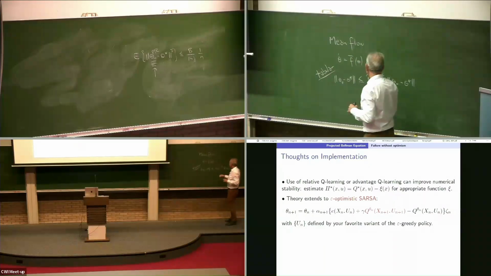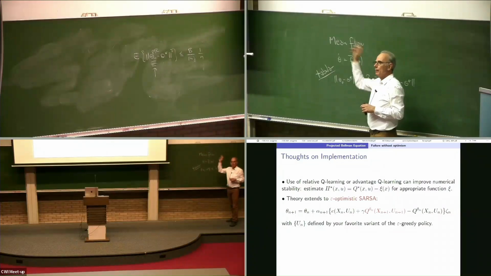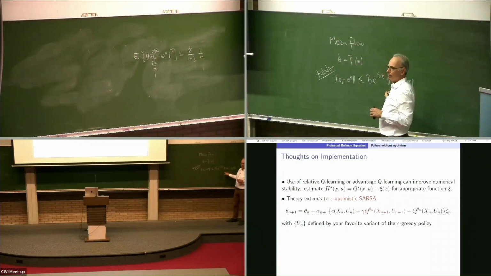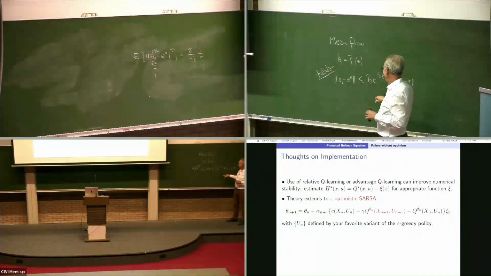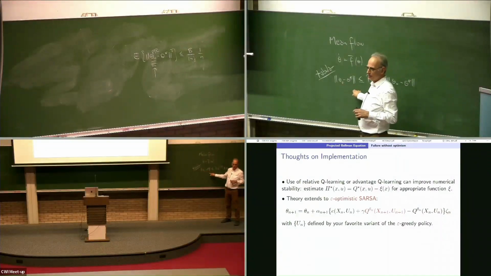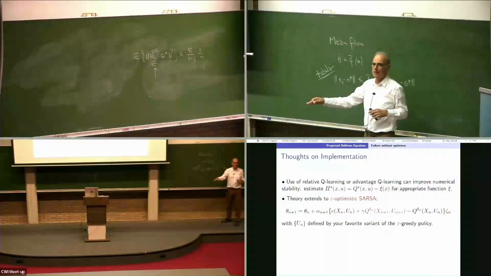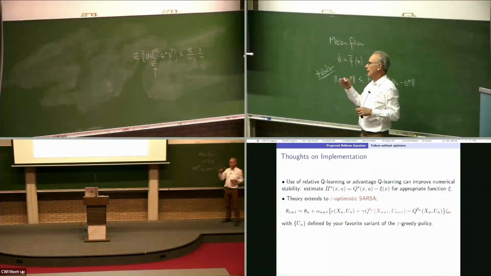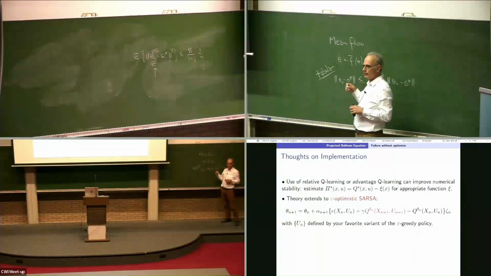In my case, I have this until this gets too small, and then it's no longer true. I get this exponential convergence to a compact set. In tabular, you get convergence, so you get this exponential asymptotically stable.